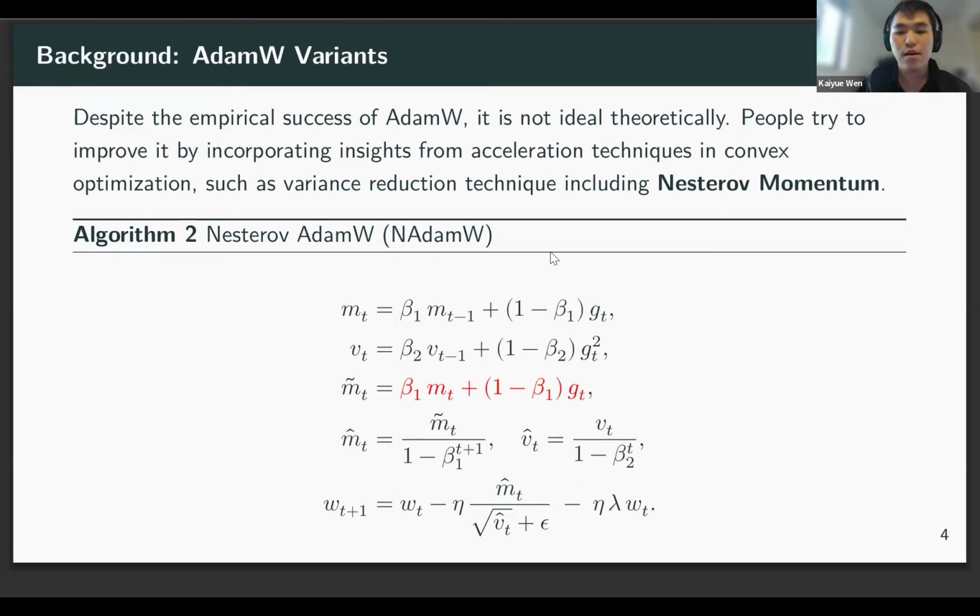Sure, sounds good. Basically, people have tried many different algorithmic improvements which share roughly the same intuition, that Adam may have some form of oscillation in its update, and then people want to reduce the variance of the update using some methods, and we will also consider some of them later.